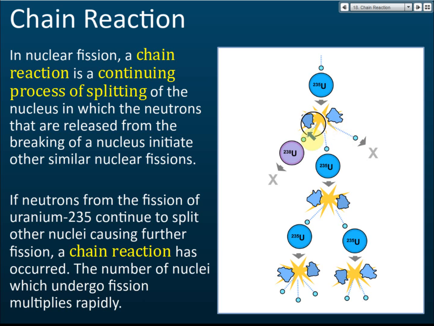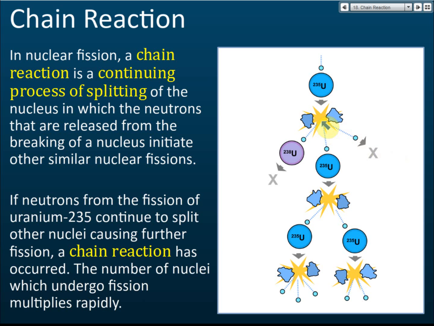Now, when these 3 neutrons are released, there are some possibilities. First, they hit nothing, because there's no uranium there, so nothing happens.